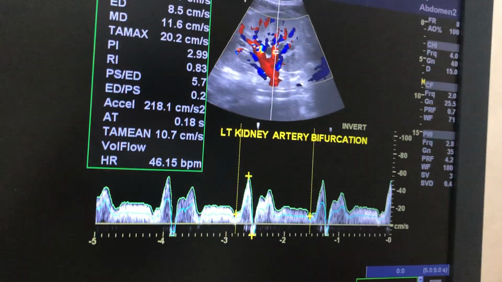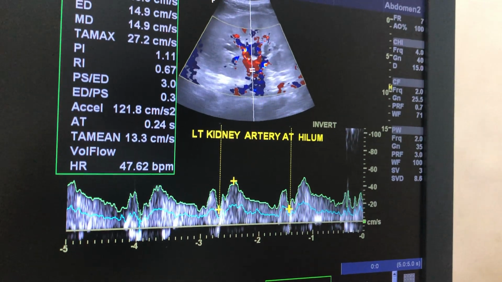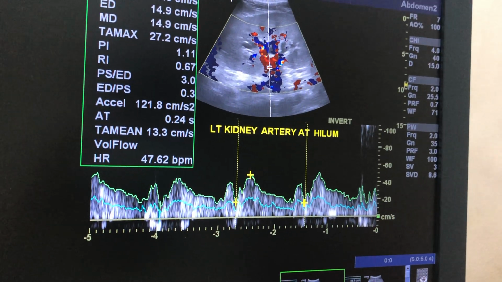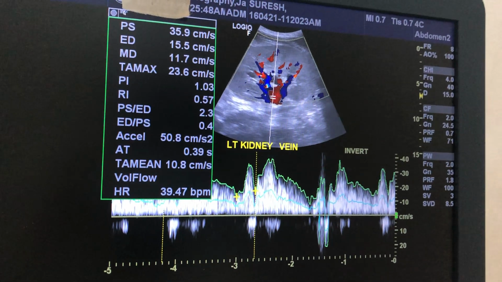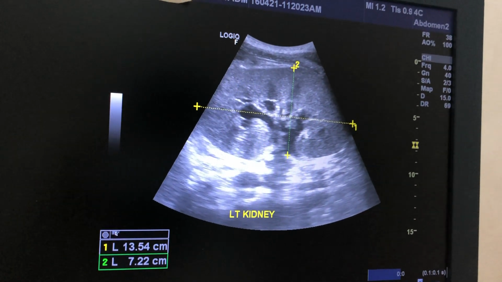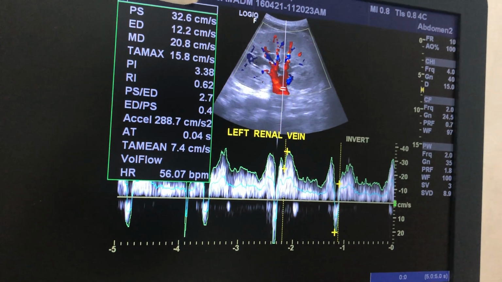Please ignore this. This is vein, not artery. This is vein once again, not artery. This was the kidney, 13/7. This is the renal vein.